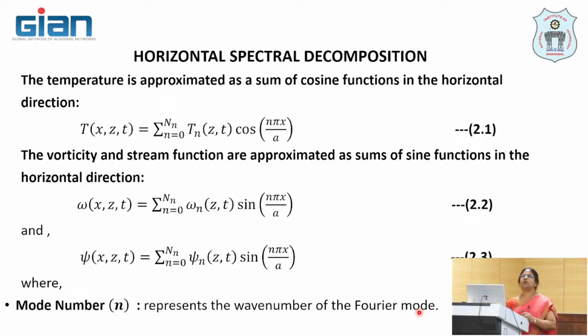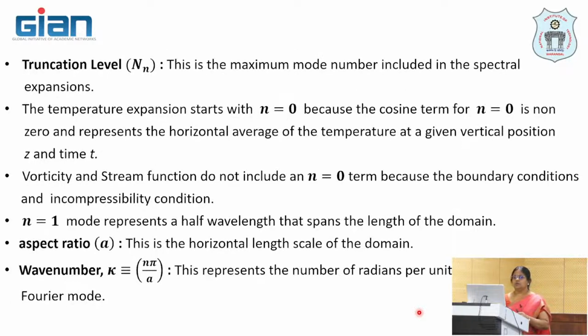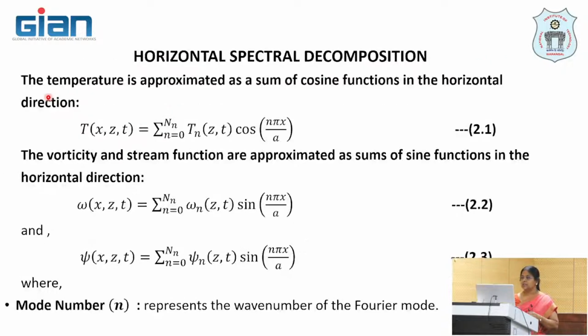The more modes we consider, the more accuracy we get. Truncation level is the maximum mode number included in the spectral expansion. As I said before, if you include more modes, accuracy will definitely increase, isn't it?